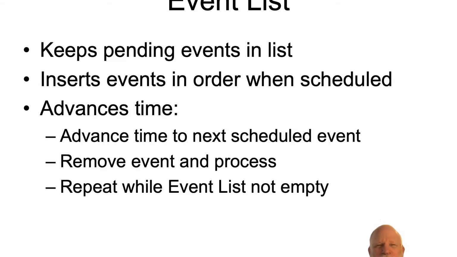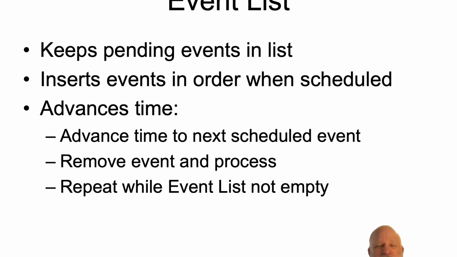Why? Because in between events, nothing of interest happens. And if nothing's happening, then there's no sense in clicking along like a time step would do when you're going to get the same answer every time. So why not just jump right ahead to the next interesting thing?